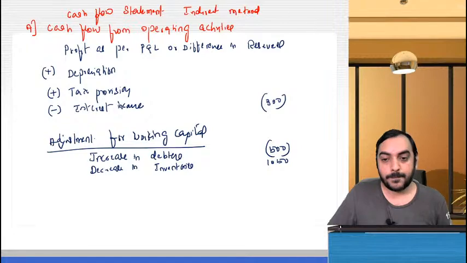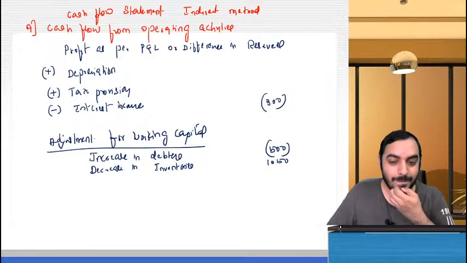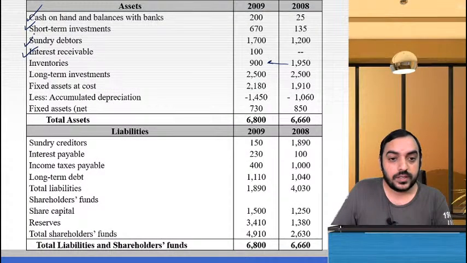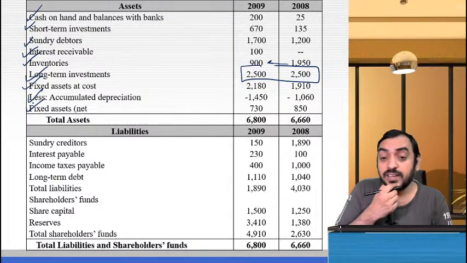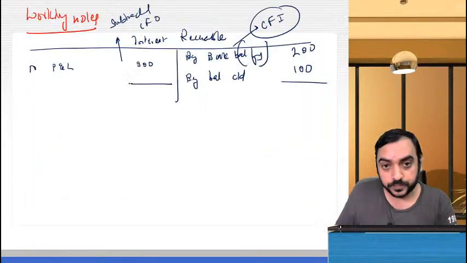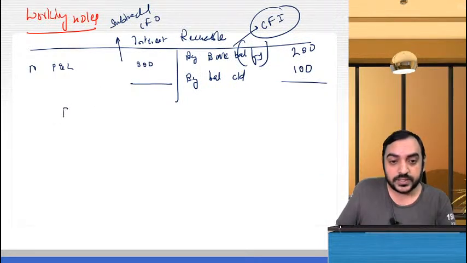Inventory is done. Long-term investment, no change, 2,500, 2,500. Fixed assets, accumulated depreciation. Let's prepare a ledger account, working notes. Fixed assets, gross.